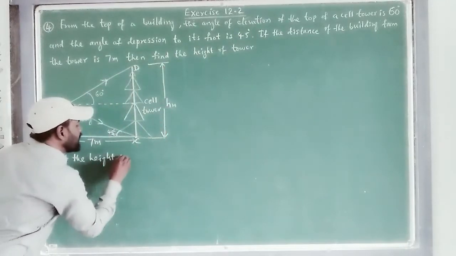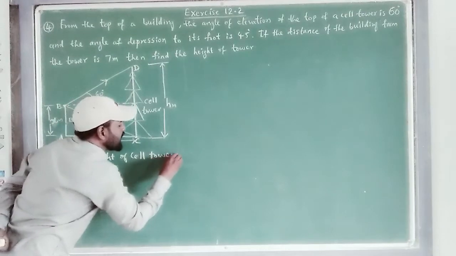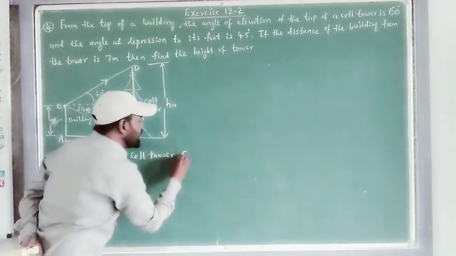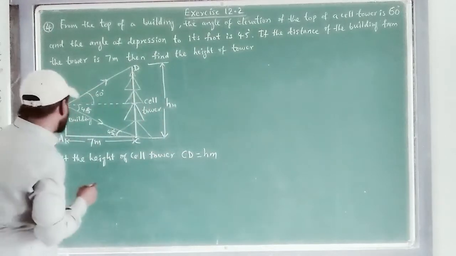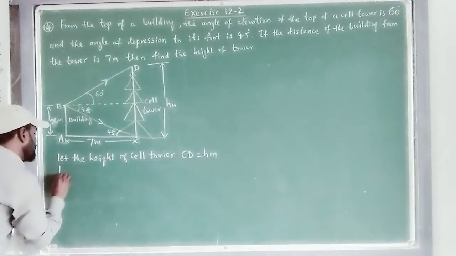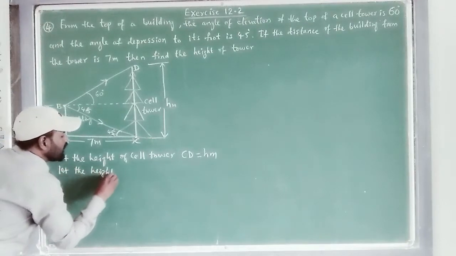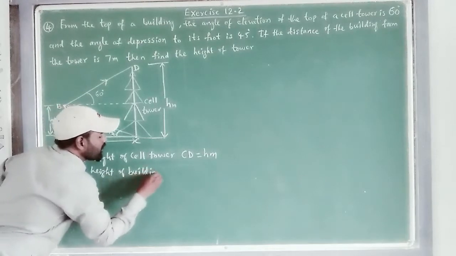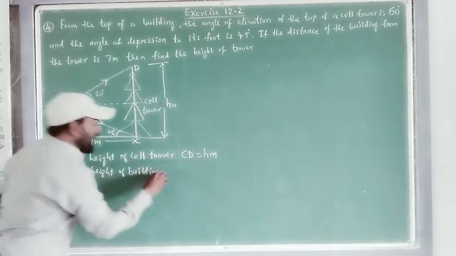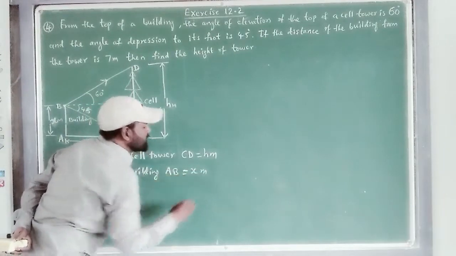So we assign the cell tower CD as h meters. Next, let the height of the building be AB, which we took as x meters.